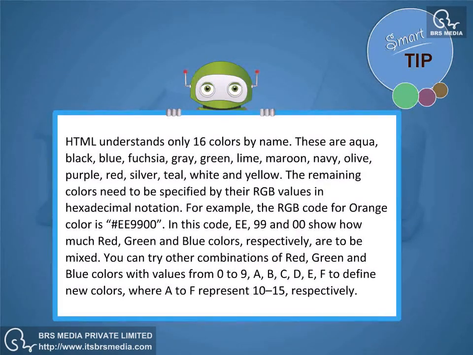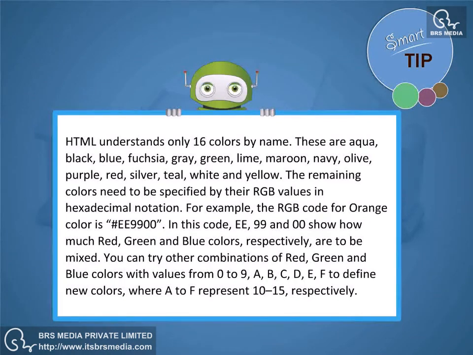For example, the RGB code for orange color is #EE9900. In this code, EE, 99 and 00 show how much red, green and blue colors respectively are to be mixed.